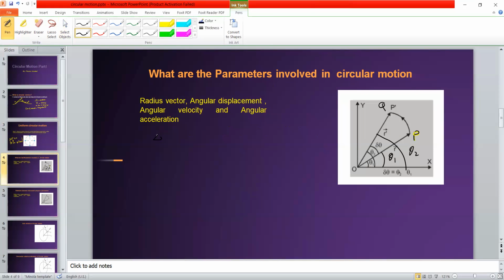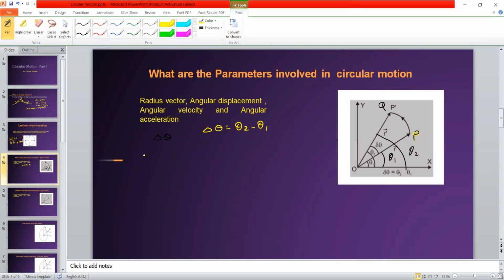So there is a change in angle, and that is equal to theta 1 minus theta 2.